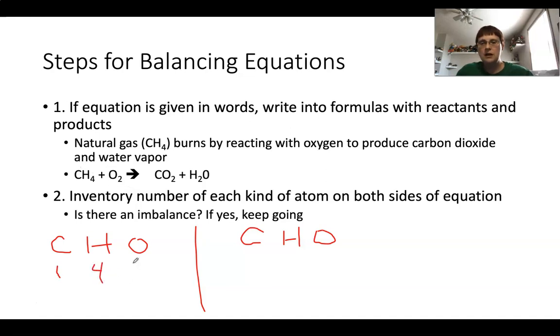And oxygen, I've got 2. On the other side of the equation, carbon, I have 1. Hydrogen, I have 2. And oxygen, I've got 2 here plus 1 here, so I've got 3. So you can see the numbers don't equal. We have the same number of carbons, but the oxygens and the hydrogens don't match. So we have to keep going.